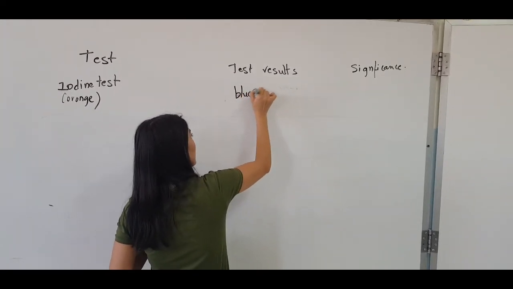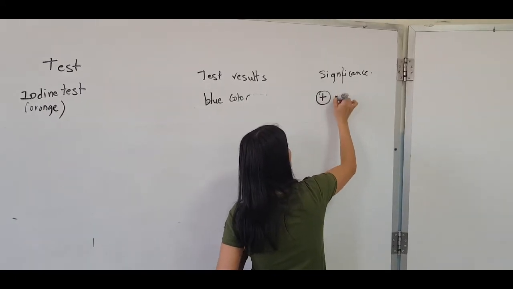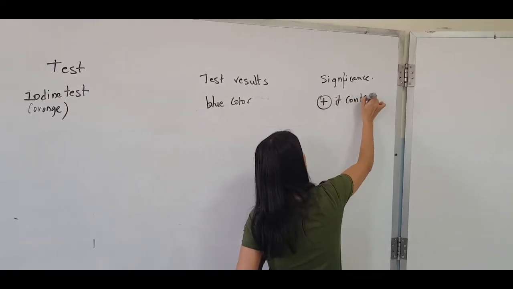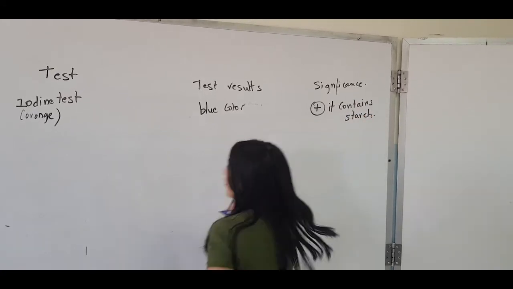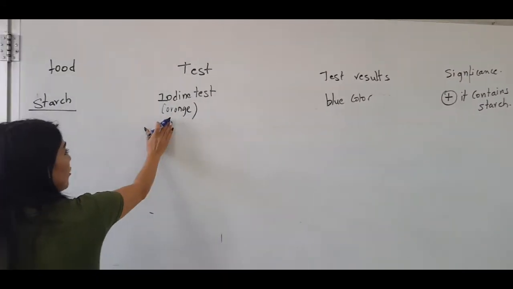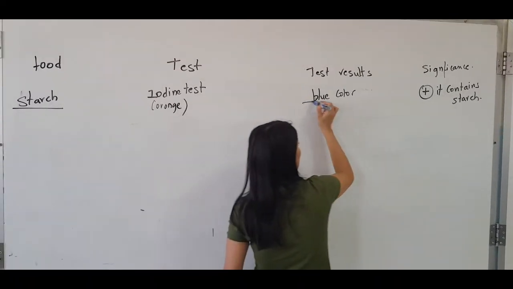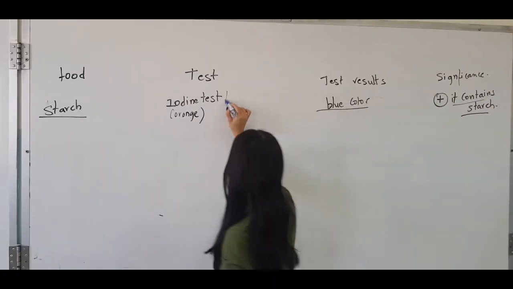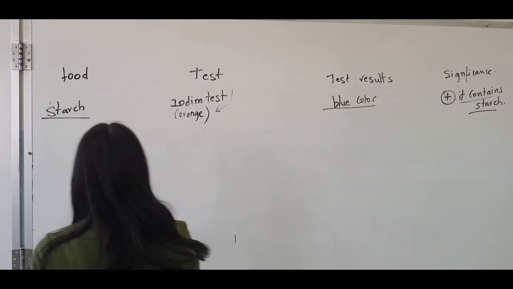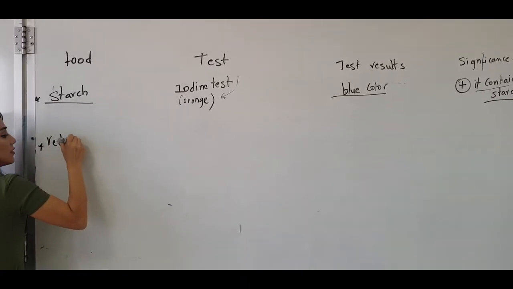A blue color, dark blue, significance positive, it contains starch. So as we studied at home, we say to test the starch we need to do iodine test. Iodine test is orange. If after a certain time it gives a blue color, so it contains starch. If it remains orange, no starch. Second test, reducing sugar.